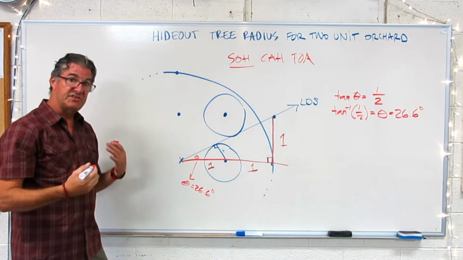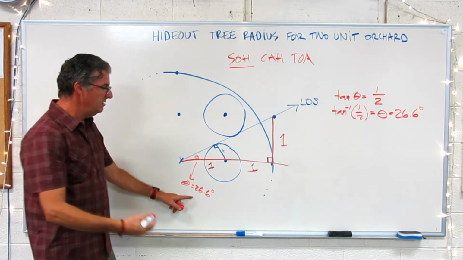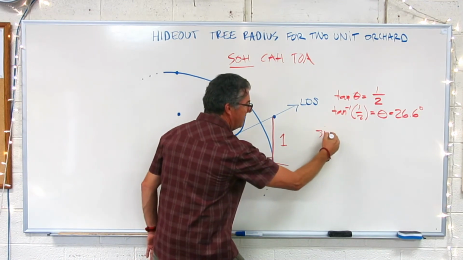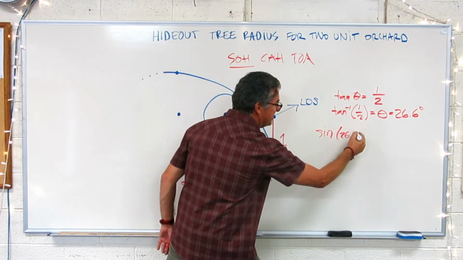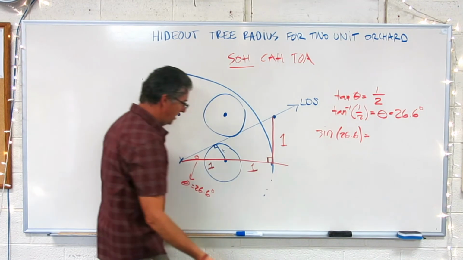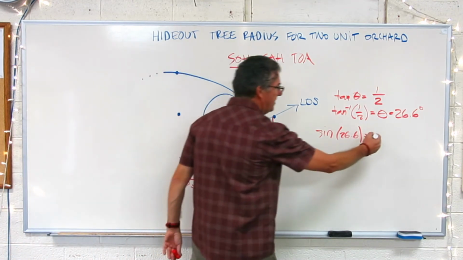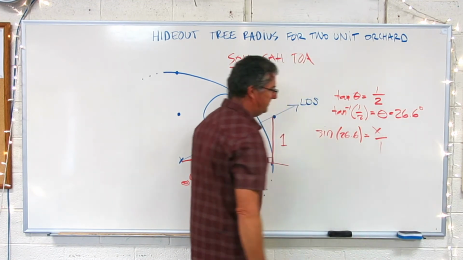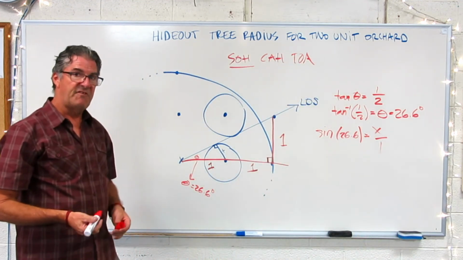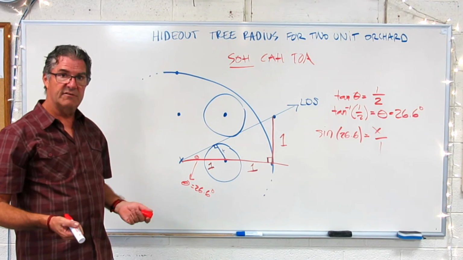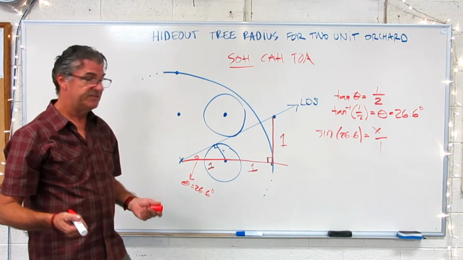So now I can write a standard trig equation because I know my angle. I can write sine 26.6 equals opposite, which is the one I want, that's my x, over hypotenuse. X over 1. Now this is going to simplify down nicely. What's x over 1? Just x.